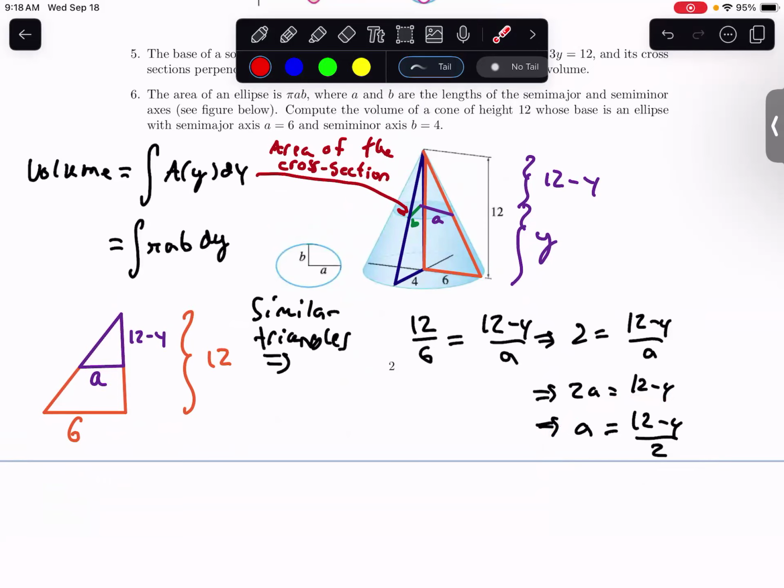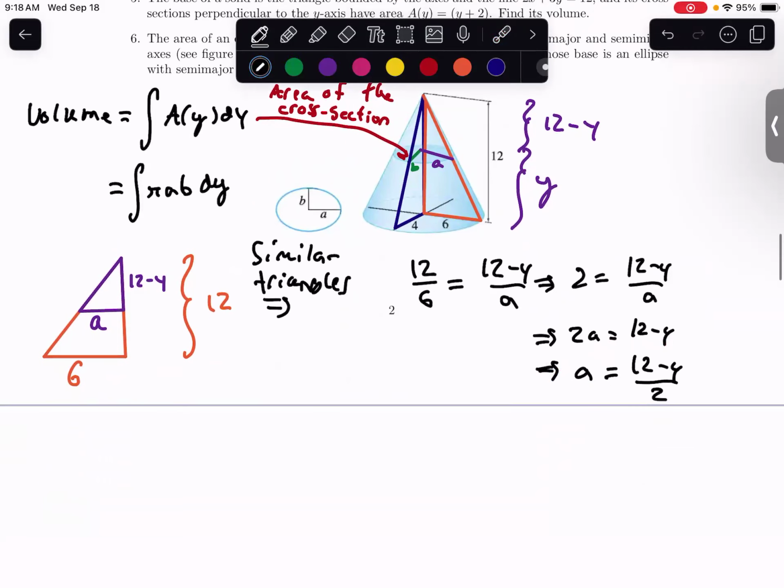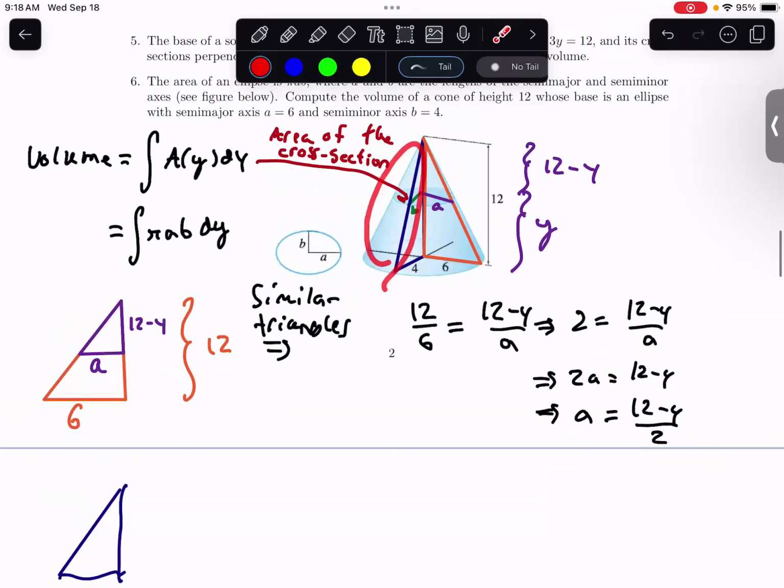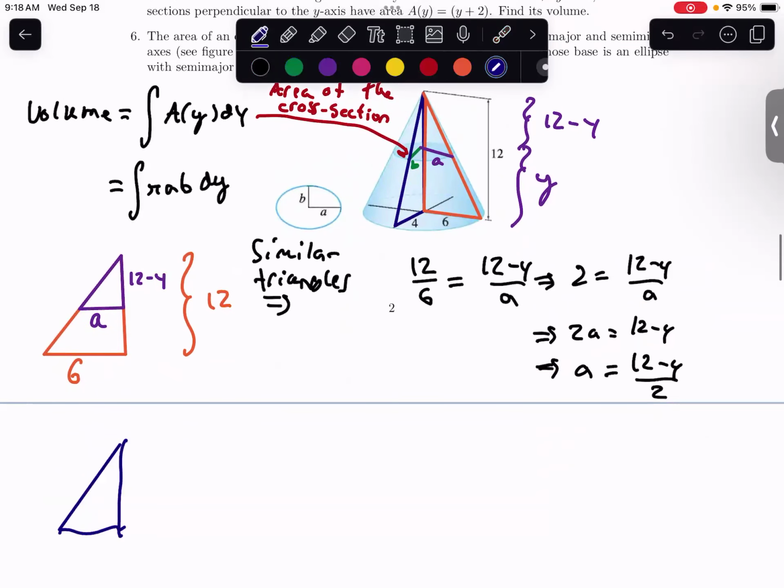And then for B, you do the exact same thing over again. So I'm going to do it in maybe a little bit less detail. We had this other triangle, this blue triangle here, the base of which is 4, the height is 12. Then we have this smaller triangle inside of it, whose base was given by B, and the height, again, is given by 12 minus y.